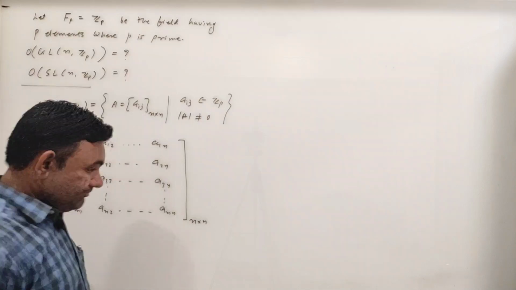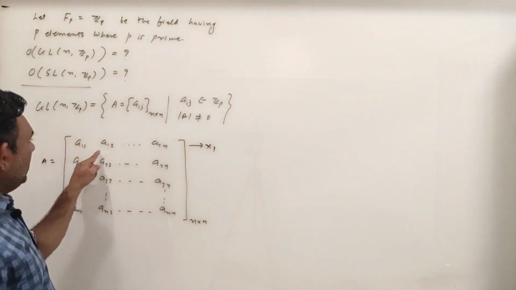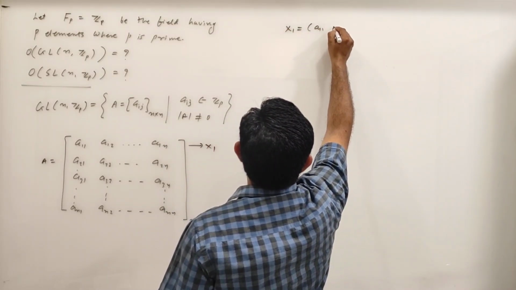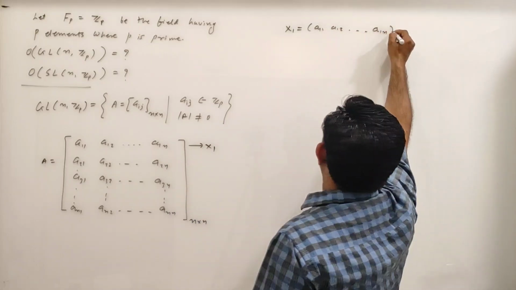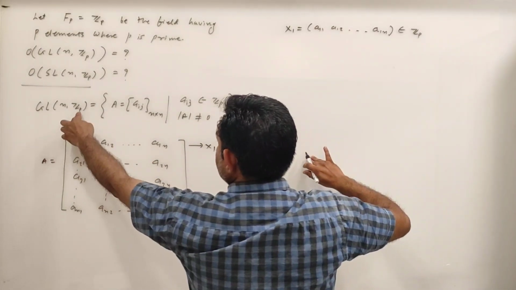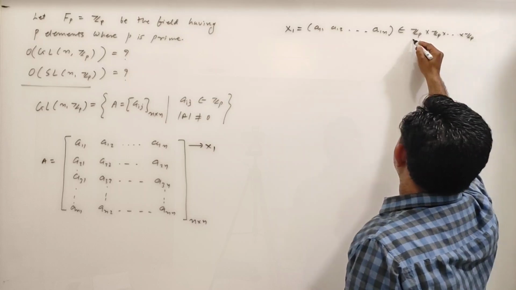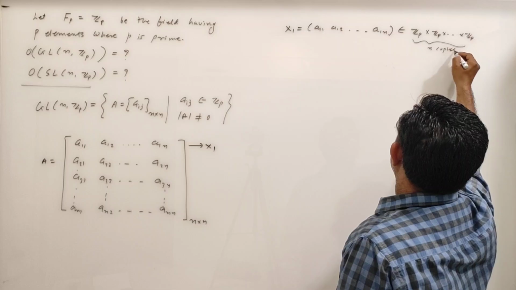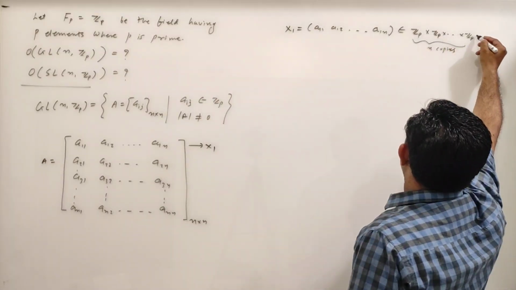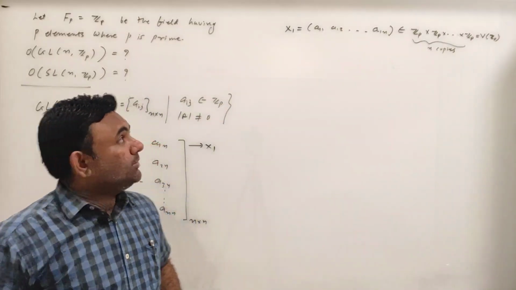Consider this as x1, with entries a11, a12 and so on up to a1n. Each entry is a member of Zp, so x1 is a member of Zp cross Zp cross and so on, n copies. This is a vector space over Zp.